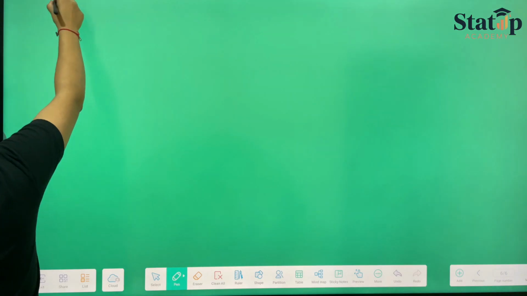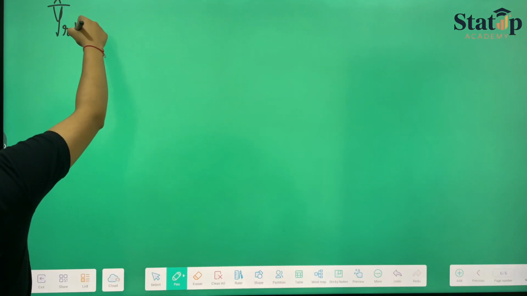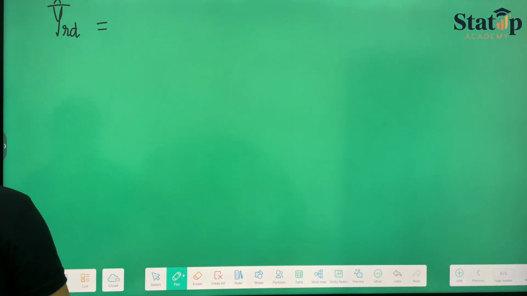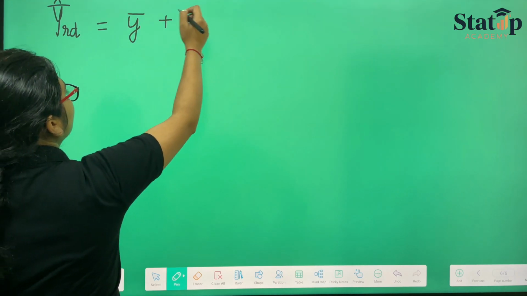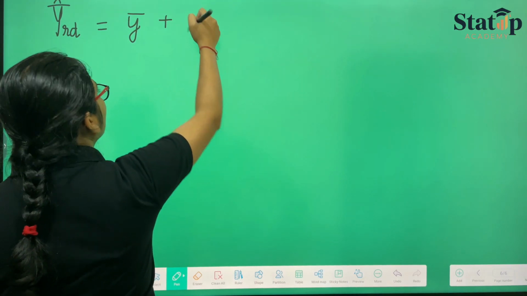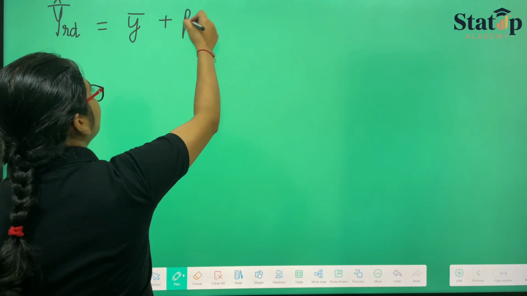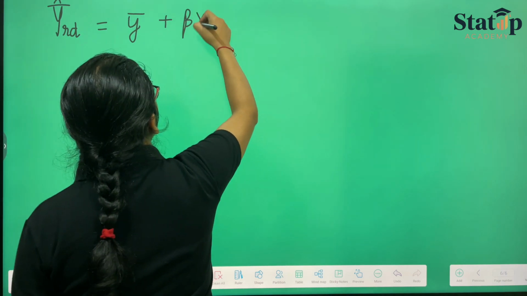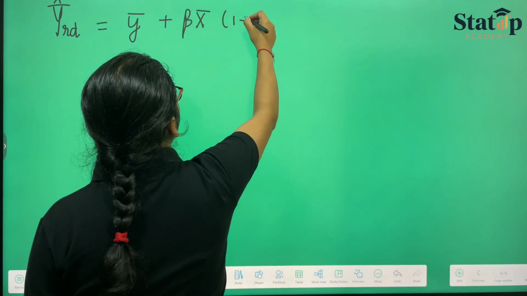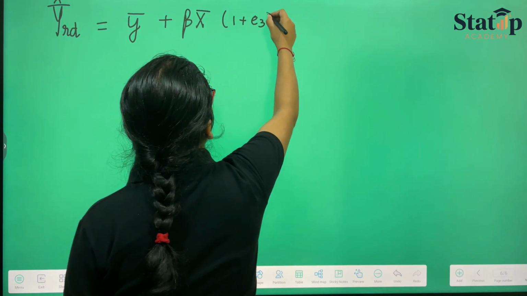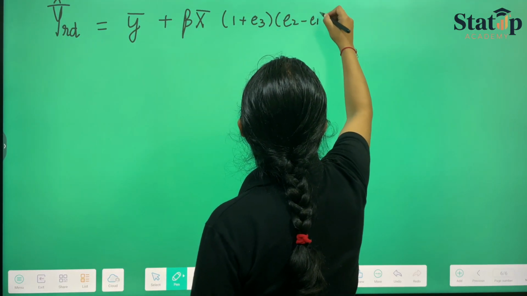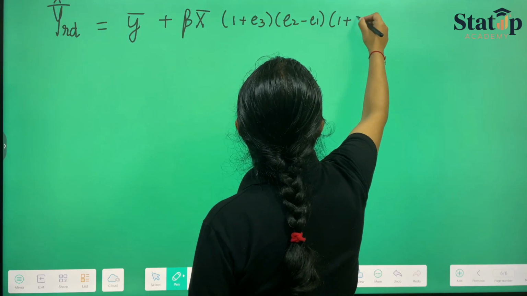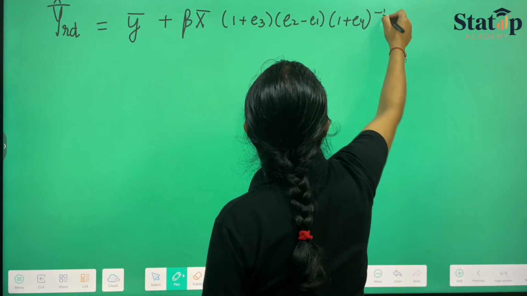So the mean of the regression estimator in double sampling is given by y bar plus sxy upon sx square, which will become beta, and x bar will also come to this side. We are left with (1 plus e3) into (e2 minus e1) into (1 plus e4) raised to the power minus 1.